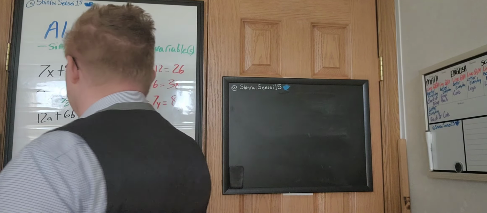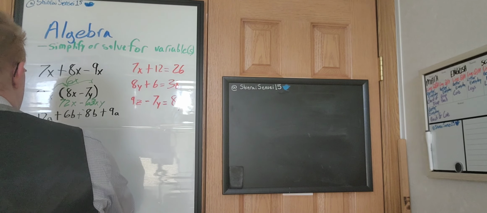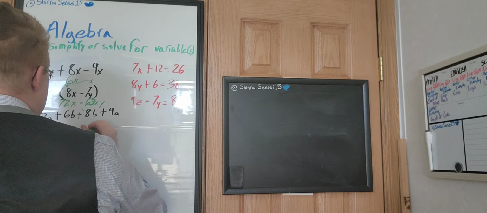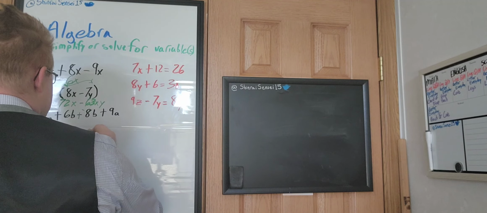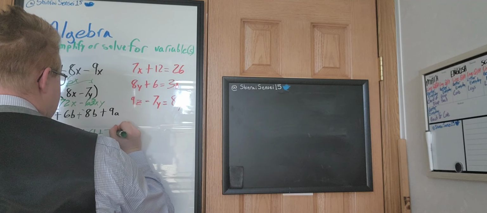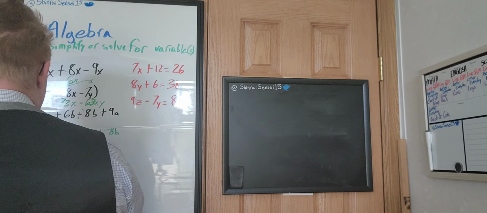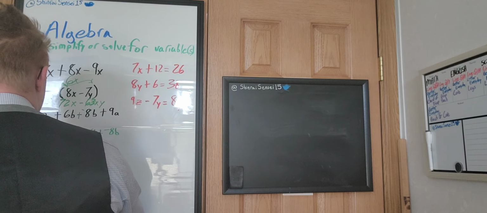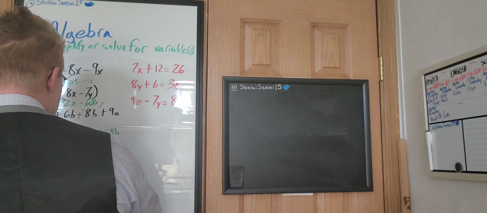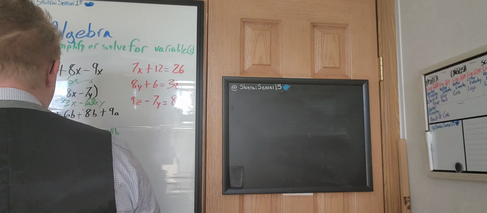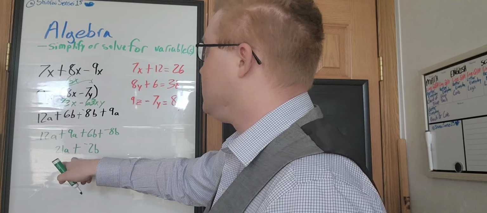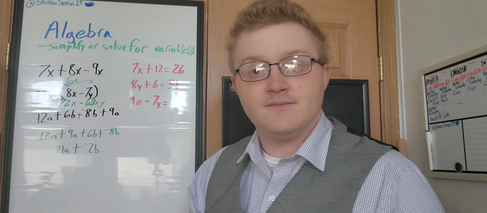So now we have 12a plus 9a plus 6b plus negative 8b, which, simplifying that down, turns into 21a plus negative 2b.